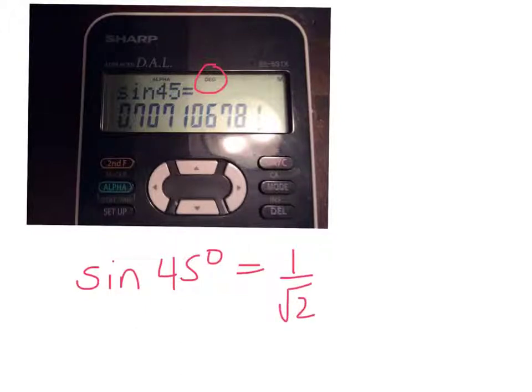So go ahead and put 1 over root 2 into your calculator. Well, what have we just discovered? That 1 over root 2 is actually 0.707, etc. So we've now found out that our calculator has a way of finding out the ratio for every known angle. And I'm going to tell you how it does it.